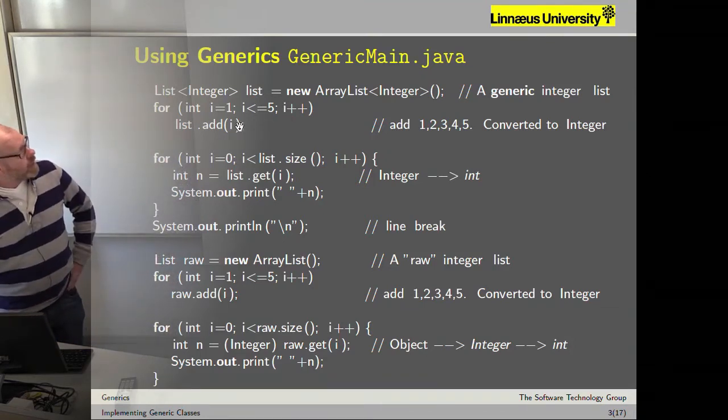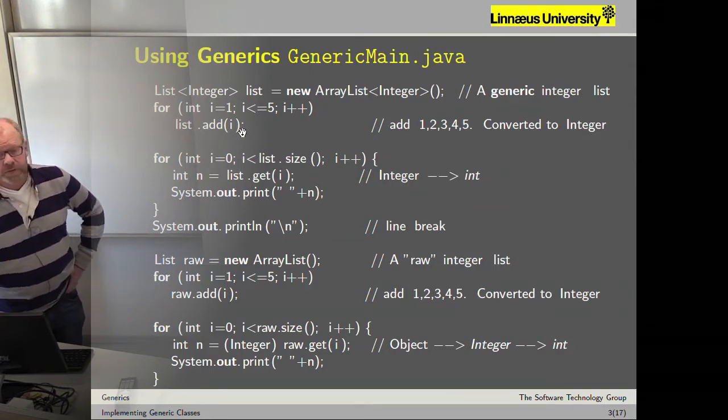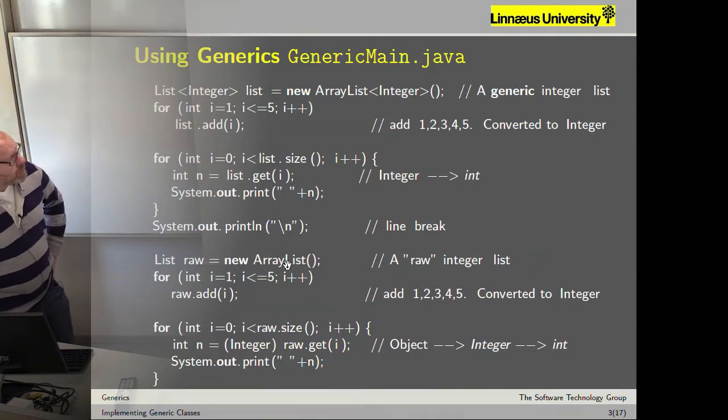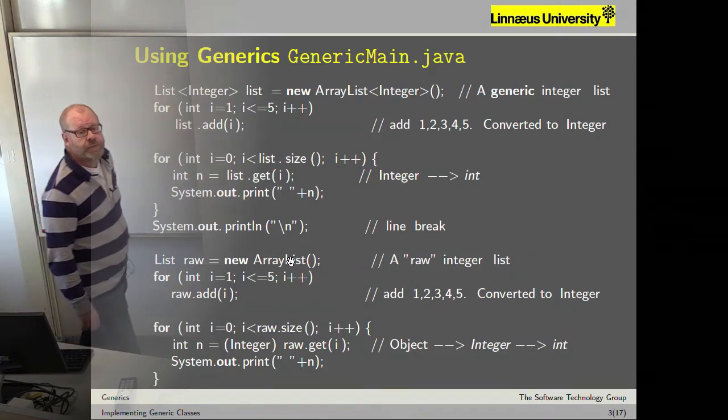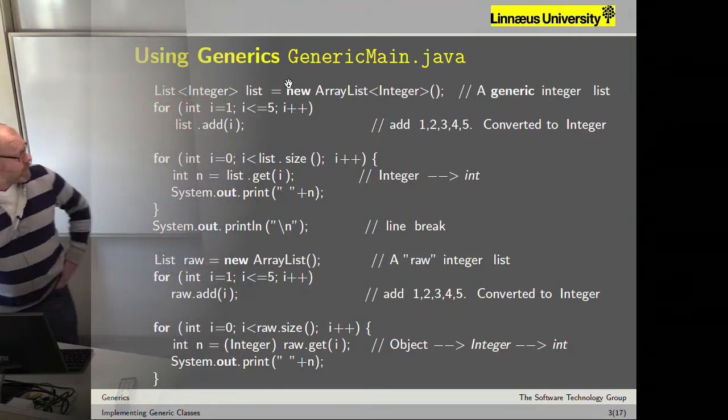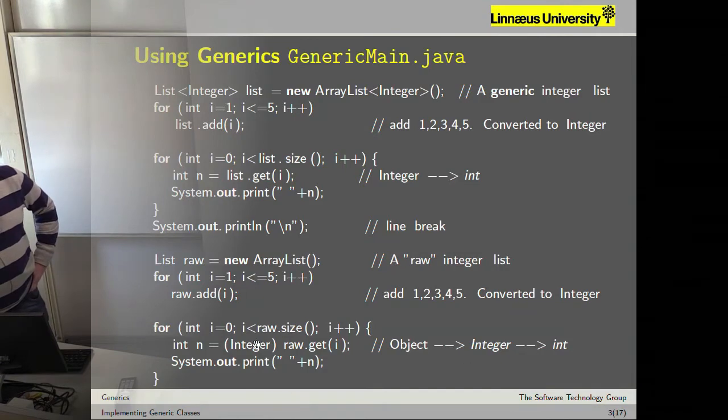If you try to add something to this one which is not an integer, the compiler will discover that this is a mistake. You cannot add a string to this particular list. If I was using this approach and I made the same mistake, adding a string to it, when should I discover it? At runtime.